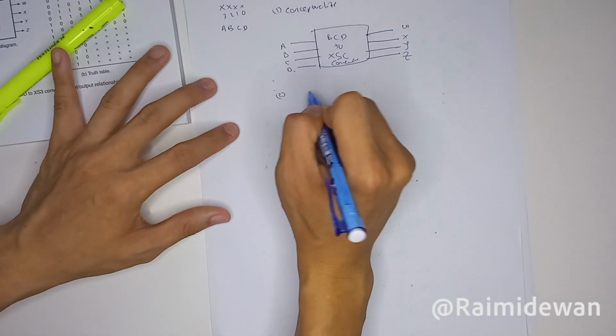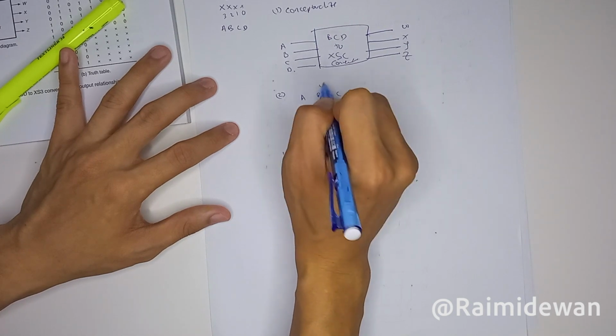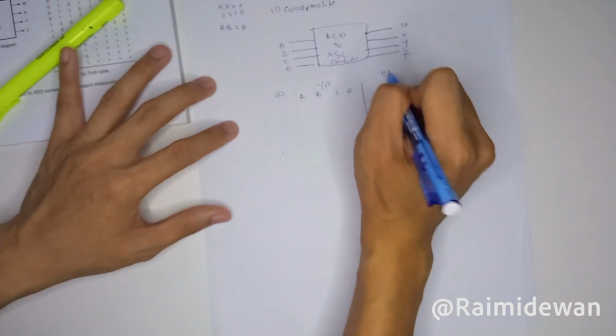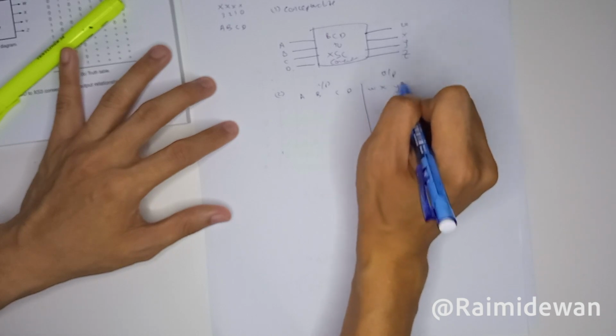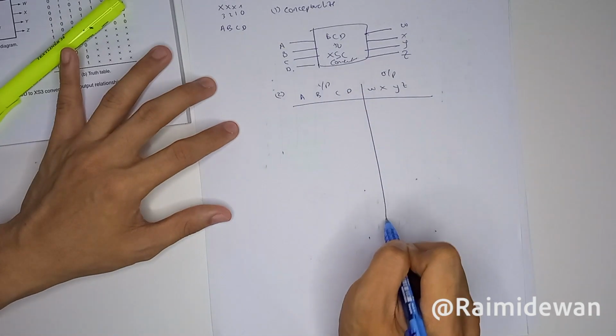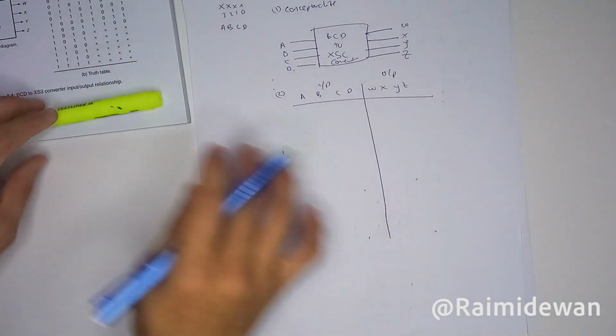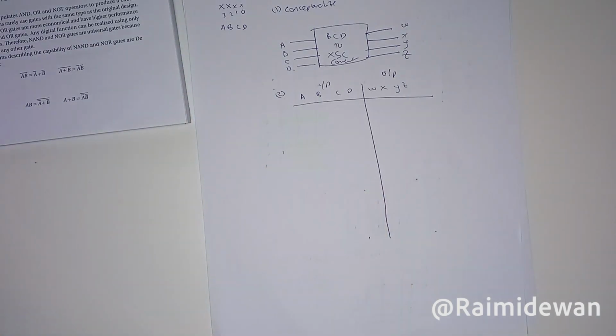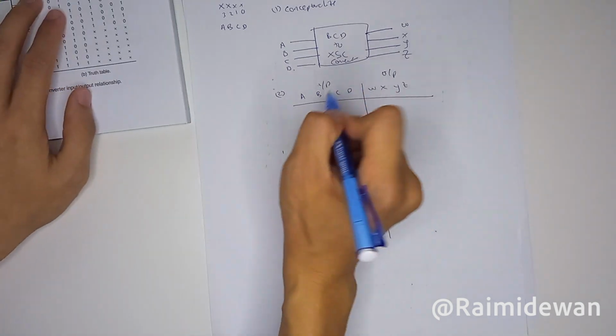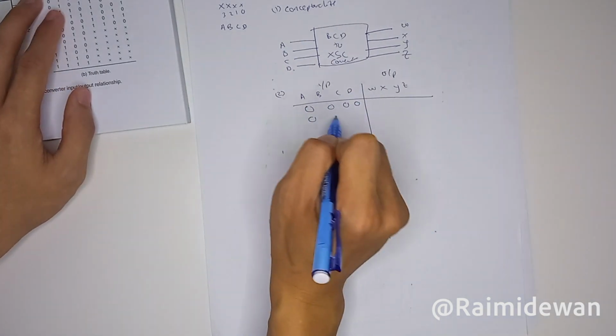So you have A, B, C, D as your input, and as your output you have W, X, Y, and Z. So just put all the possible combinations.